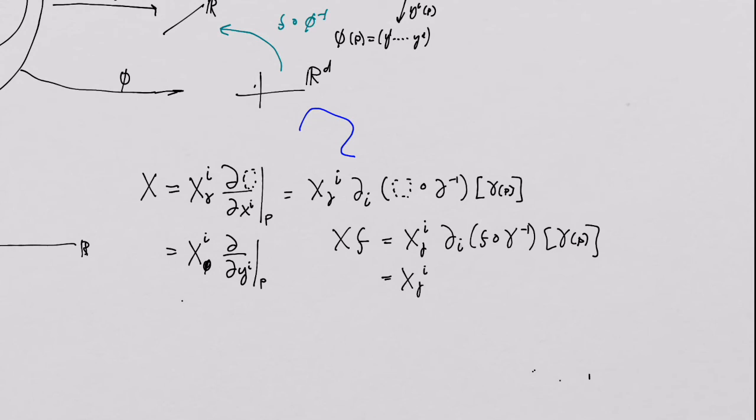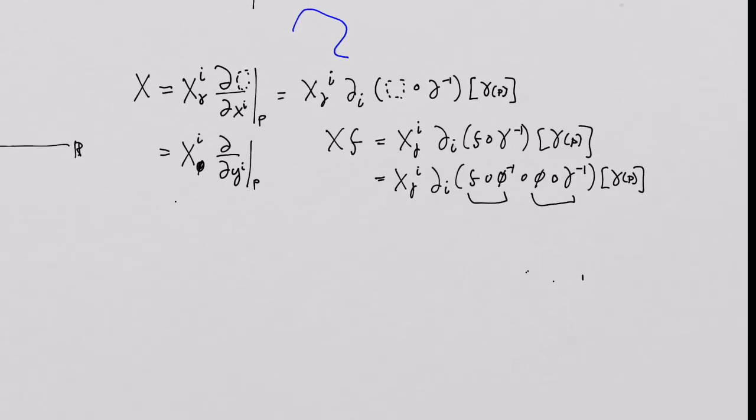X^γ_i ∂_i f, where will I put it? I put φ⁻¹ here, composed with φ, which is just the identity, so we can do that, γ⁻¹, and it's still evaluated at γ(p), like that. And then I do my association, right? I'm going to associate these two as separate functions.